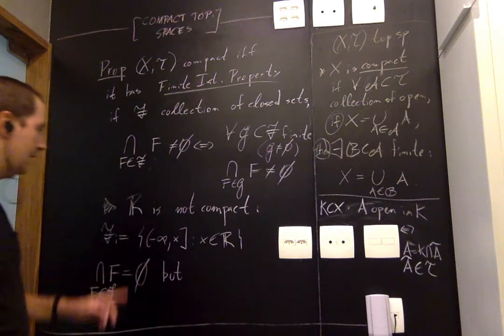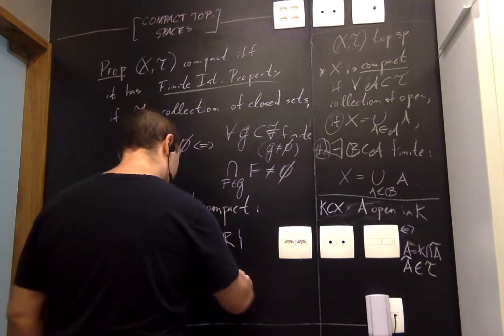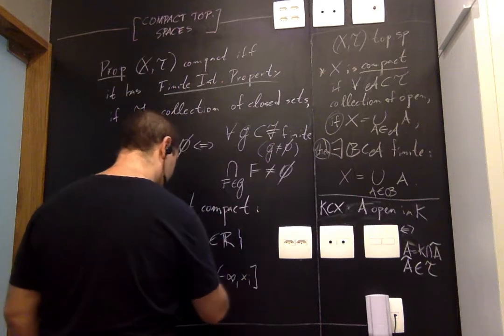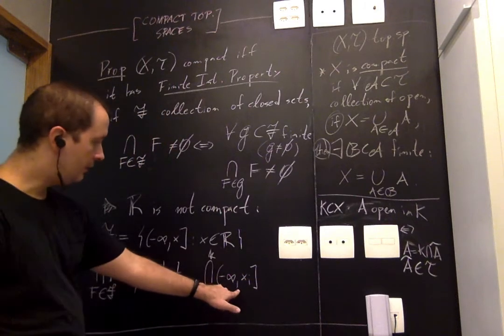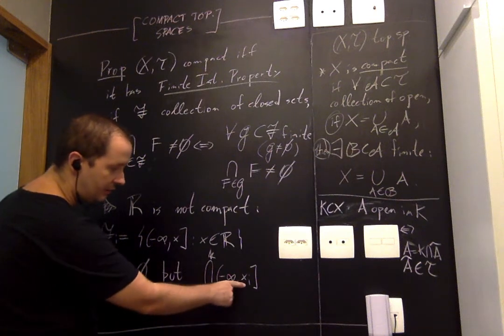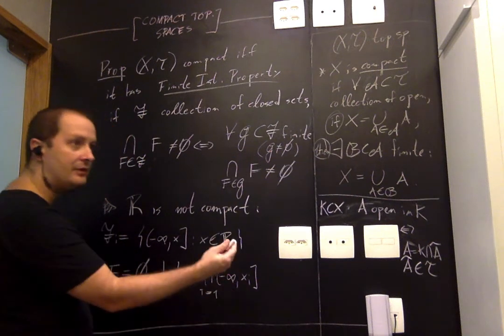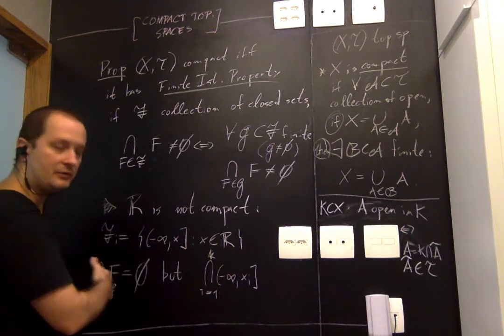But if I take any finite collection of these intervals, each interval consists of points of the real line that are either equal to x sub i, or to the left of x sub i.